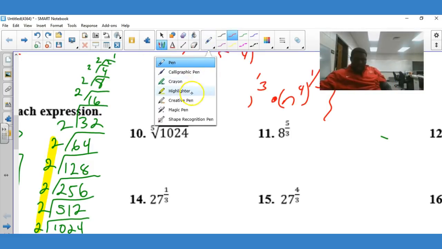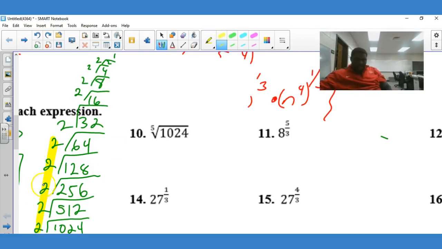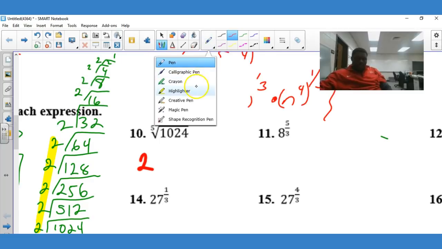What I did right here is I highlighted 1, 2, 3, 4, 5. The index is 5. I highlighted 5 2s. So I pull out a 2. Now, again, 1, 2, 3, 4, 5. 5 2s. There are 5 more 2s.